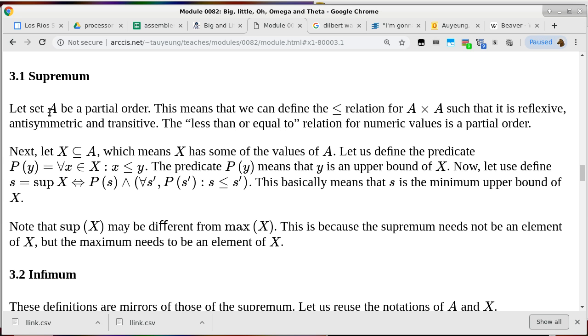So we are talking about uppercase X as a set. So P of Y is basically saying Y is an upper bound of X as a set. Is that part okay?